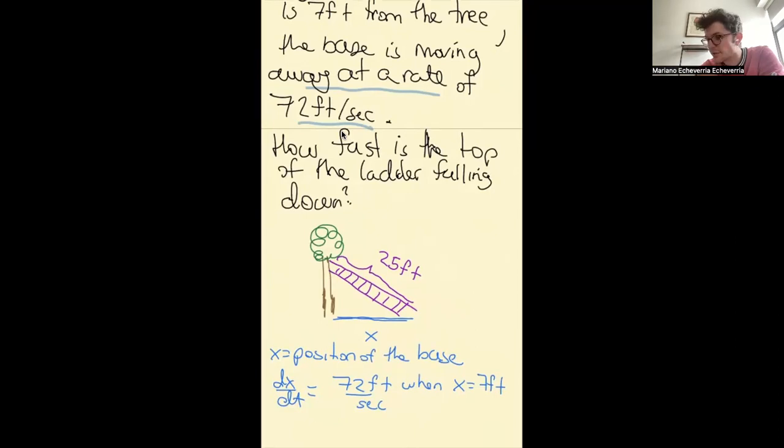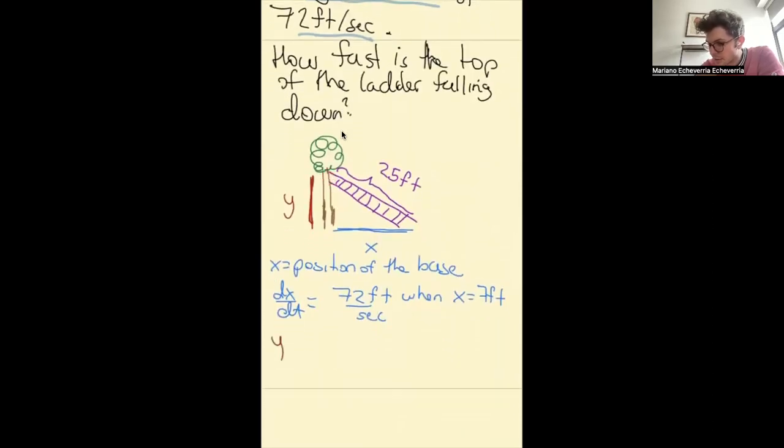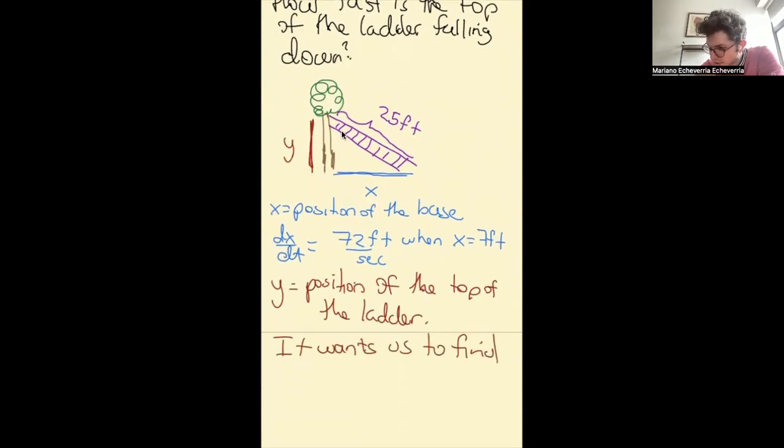And then what is it asking for? It's asking for how fast the top of the ladder is falling. So here you have the top of the ladder, right? This keeps track of the position of the top of the ladder. So it wants what? It wants us to find dy dt.